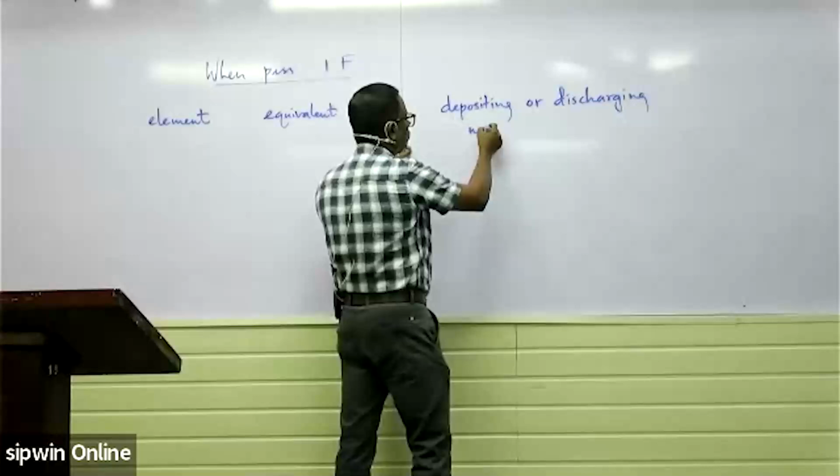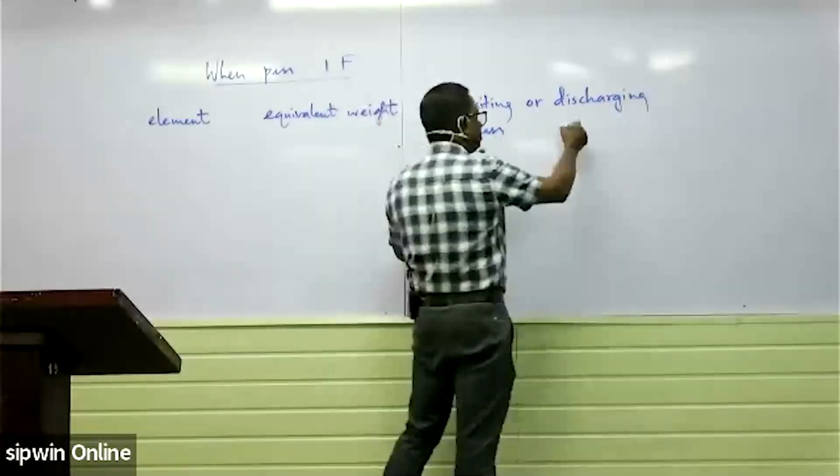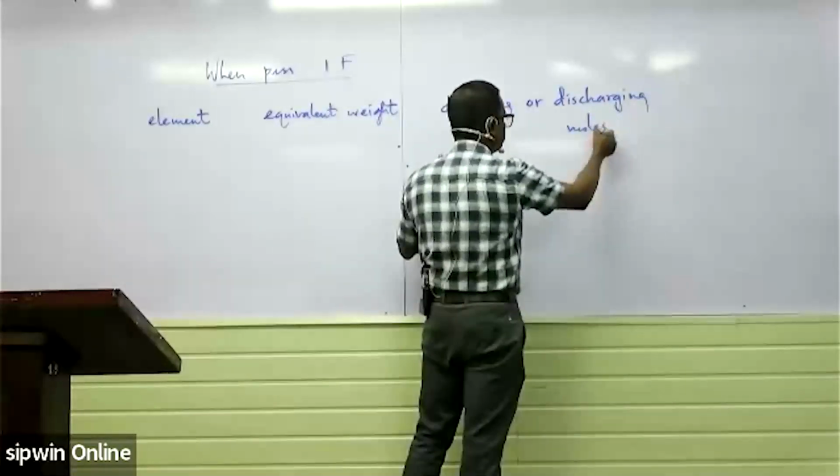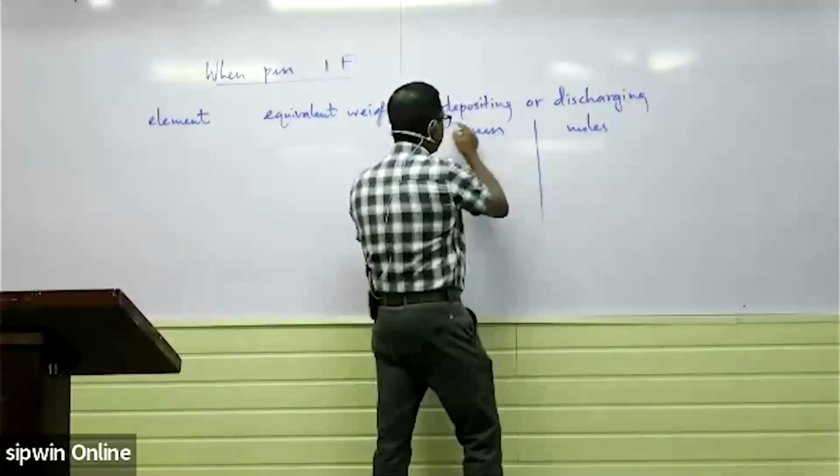We take that one in two ways, mass and moles. The table should be like this.